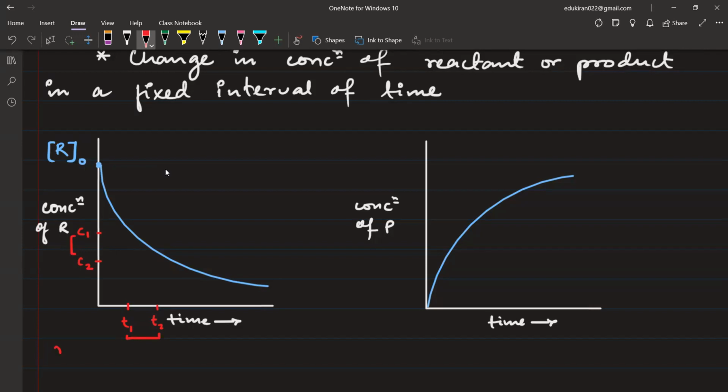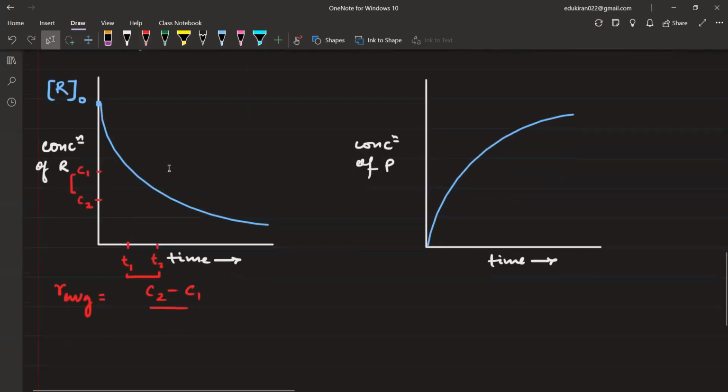And that is why the average rate, we can write this as C2 minus C1 divided by T2 minus T1. Final minus initial. But as you can see, C2 is less and C1 is more. So you will get a negative sign, and speed can never be negative. So that is why we write a negative sign here. And this negative sign represents that we are writing the average rate of reaction in terms of reactant.